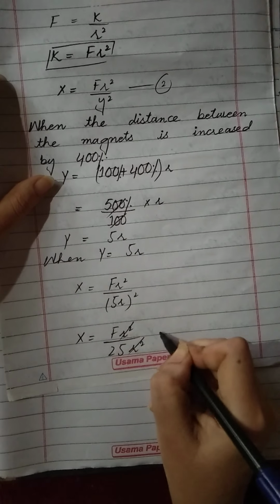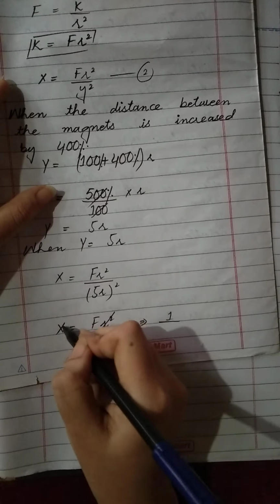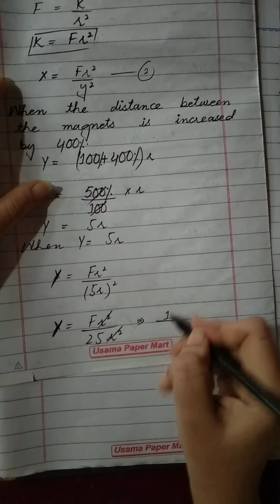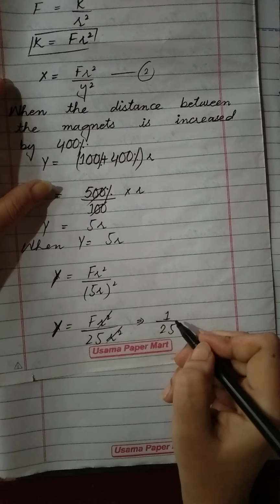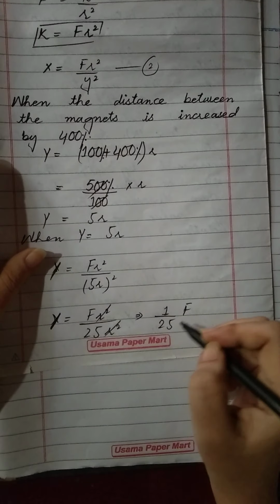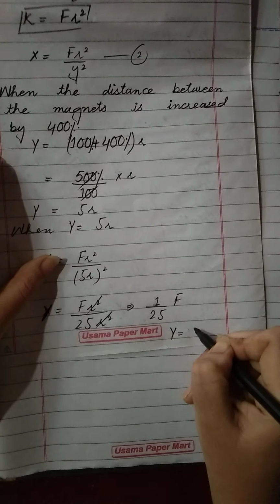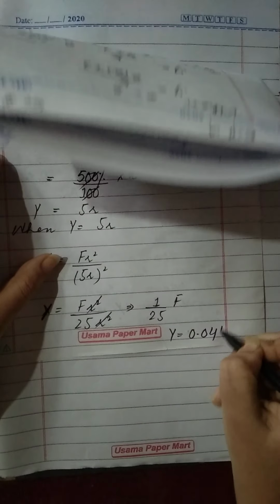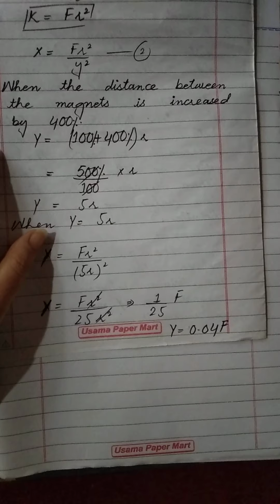R square will be cancelled with each other. Here we will get, sorry, not x, it's y. Yes, it's y, 1 by 25 into f. If we divide 1 by 25, it will be equal to 0.04f.